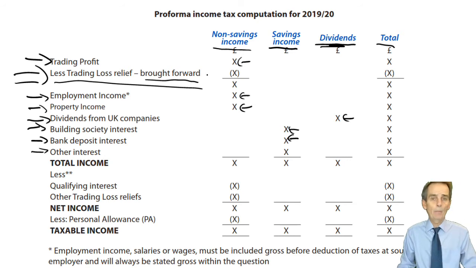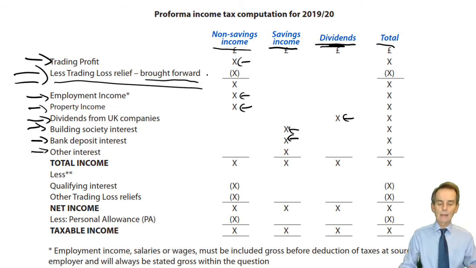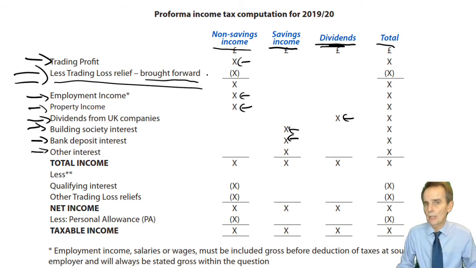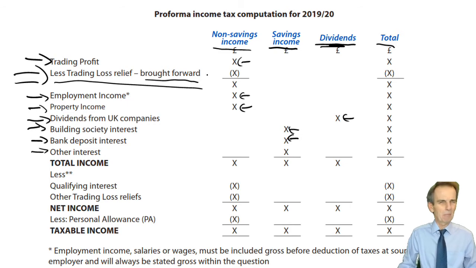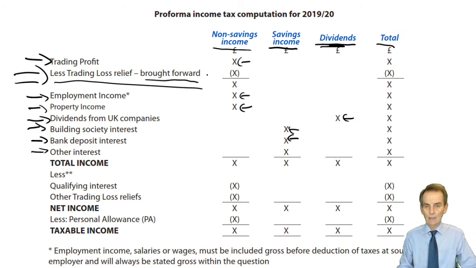Now that's one possible use of the loss. Don't worry, we've got an entire chapter dealing with the trading loss reliefs. I'm just introducing you to some of the other issues that are relevant in relation to trading income and indeed then impacting on the income tax computation.